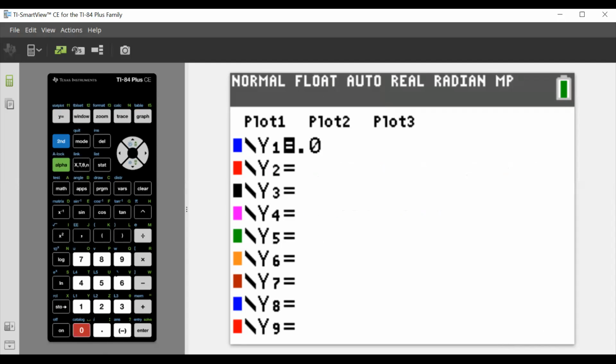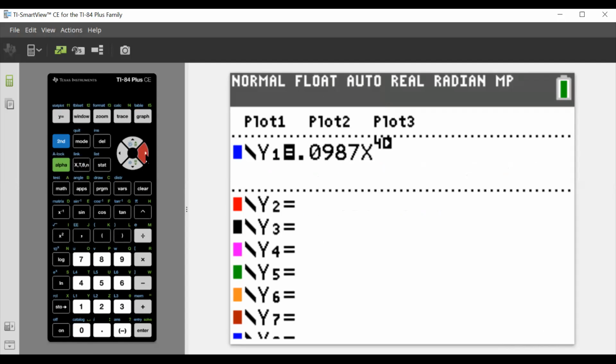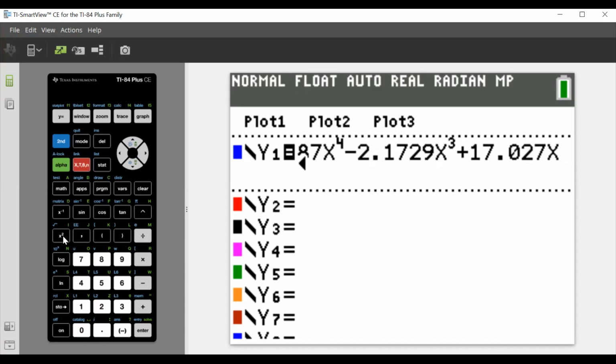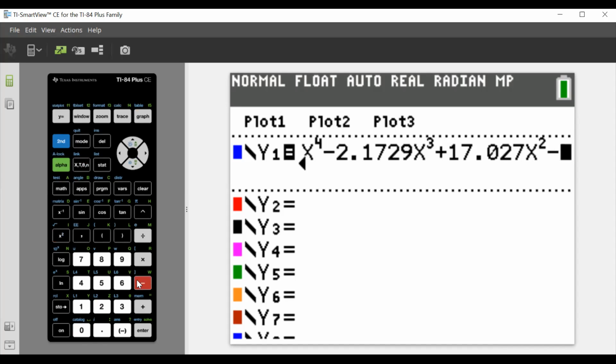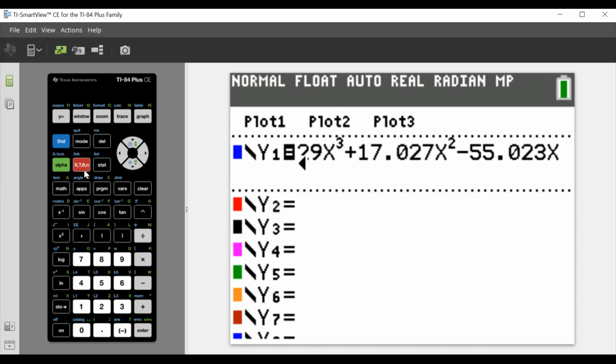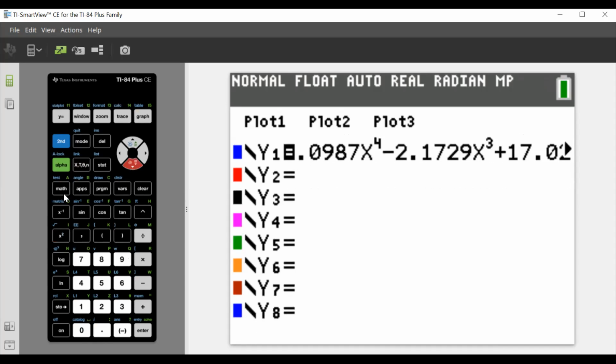So that was 0.0987x to the 4 minus 2... All right, and then we'll put the derivative here.